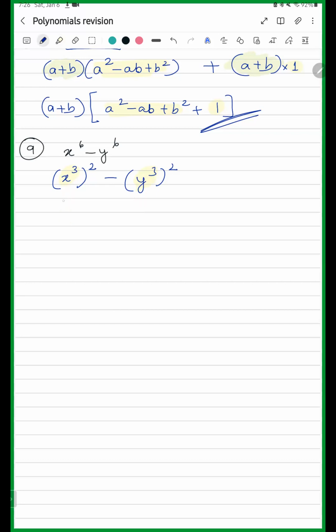A minus B is x cube minus y cube, and A plus B is x cube plus y cube. Now x cube minus y cube, we know what the formula is. It is x minus y into x square plus xy plus y square.